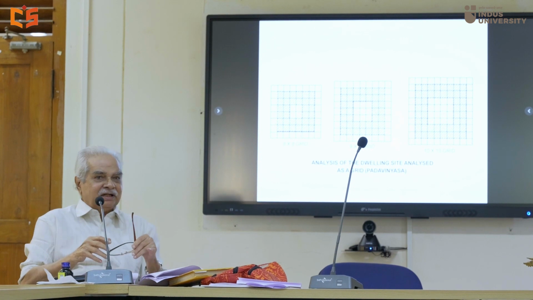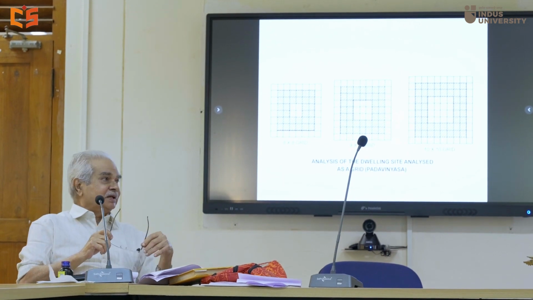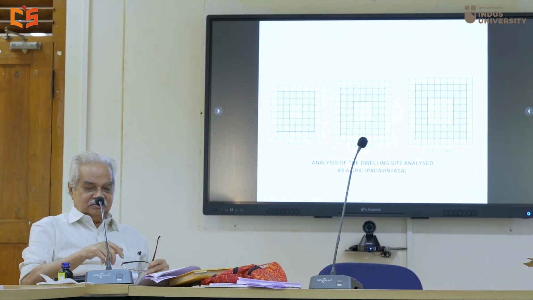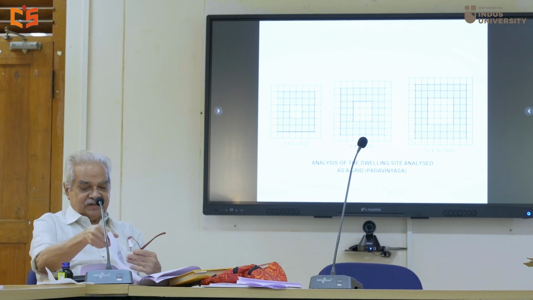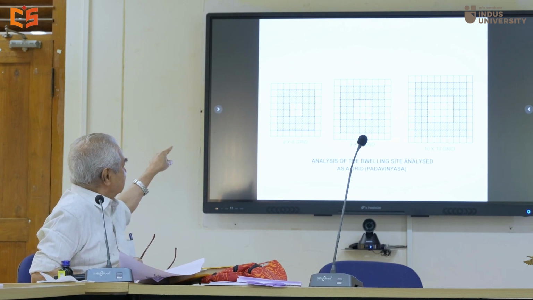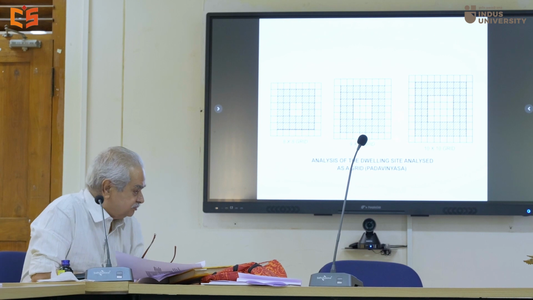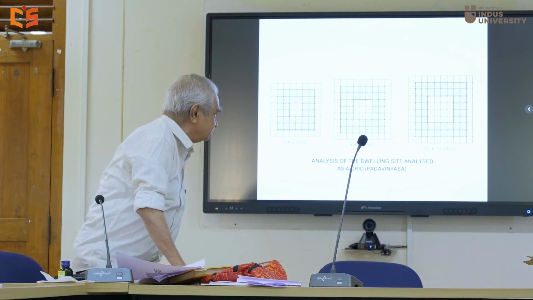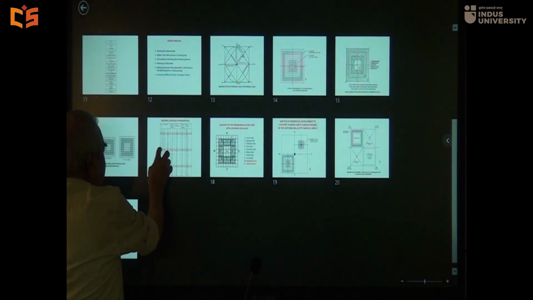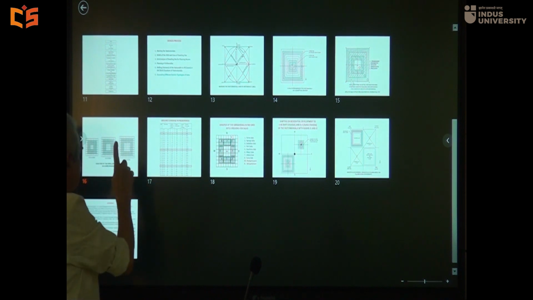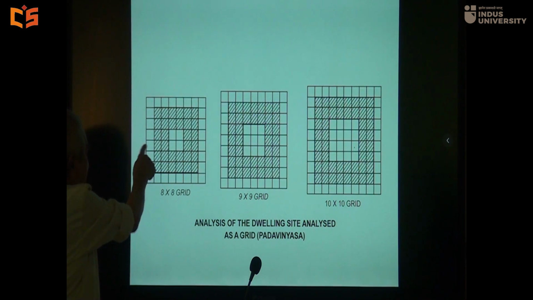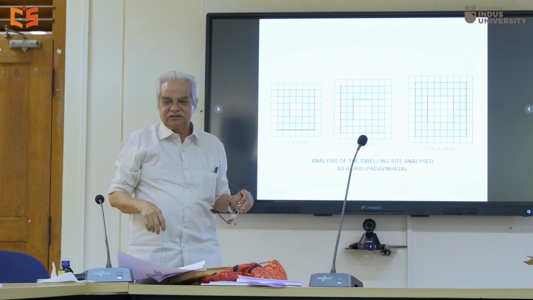Now here comes a very interesting feature. There is an 8x8 division, but you see what happens. The central Anganam and the width of the Shala, meaning the portion which is coming against that, have the same width.